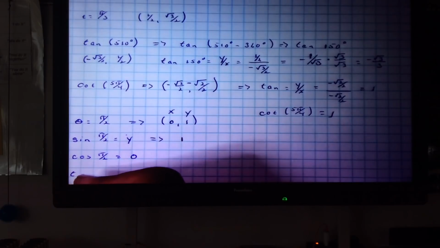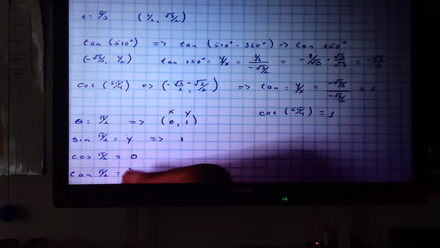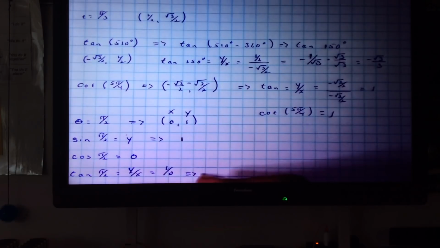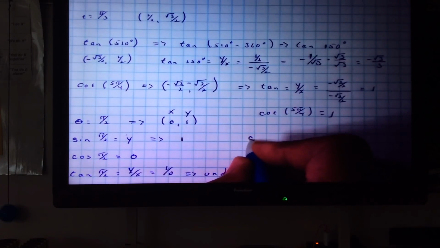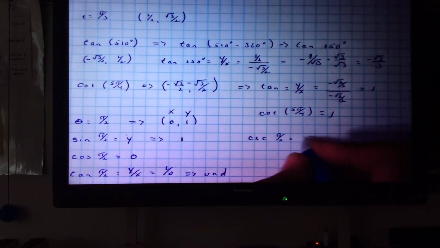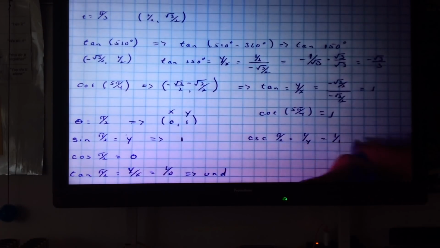The tangent of pi over 2 is y divided by x, which is 1 divided by 0, and this is undefined. Cosecant of pi over 2 is 1 over y, which is 1 over 1, that's just 1.